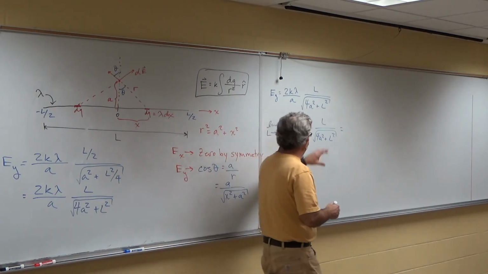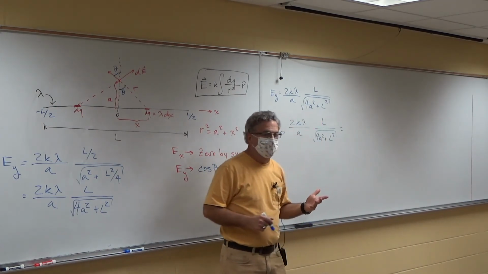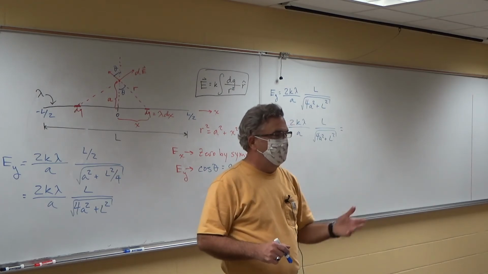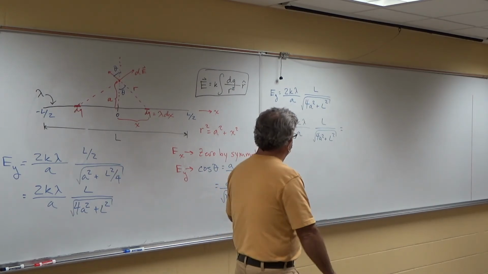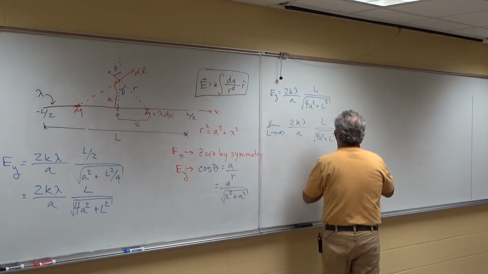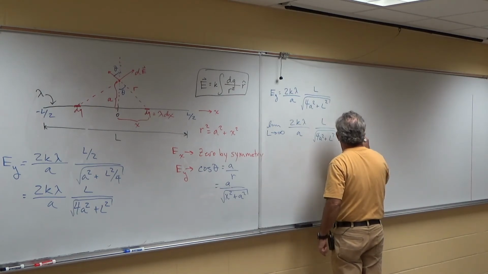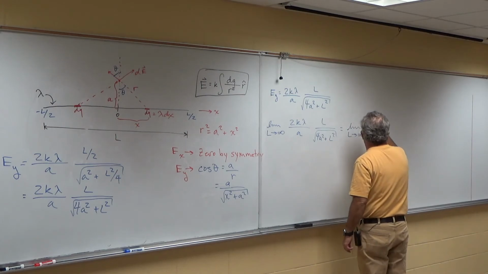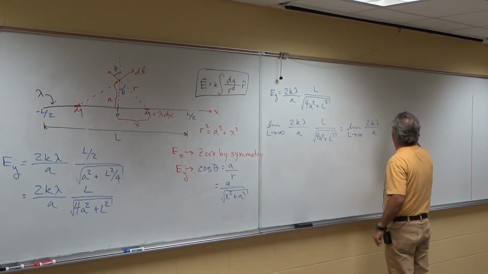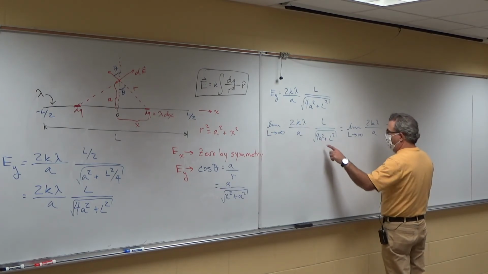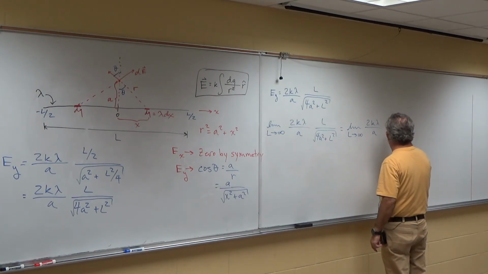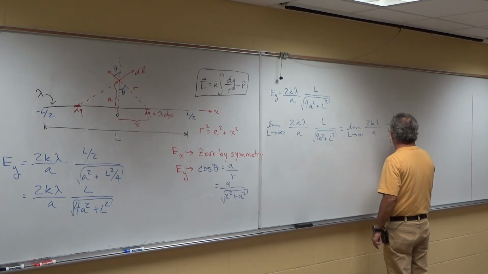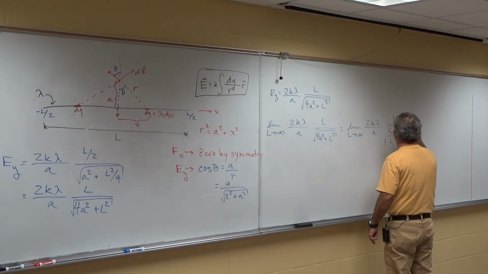I'm just going to change this expression around a little bit where you can see how the limit works. So if I divide top and bottom by L, I get the limit as L goes to infinity of 2k lambda over a times 1 over the square root of 4a squared over L squared plus 1.